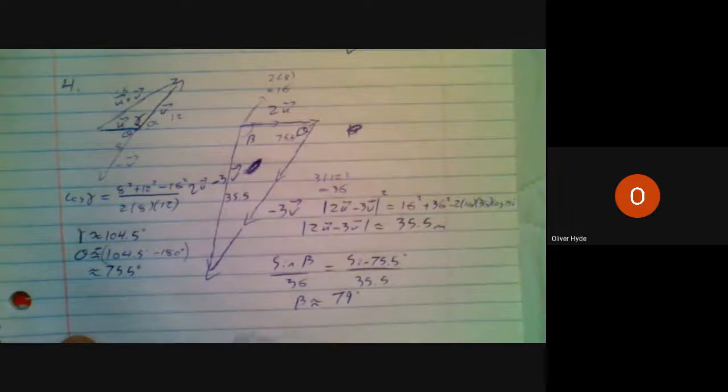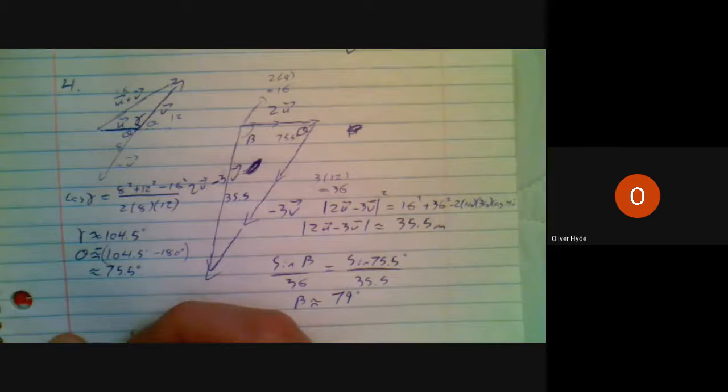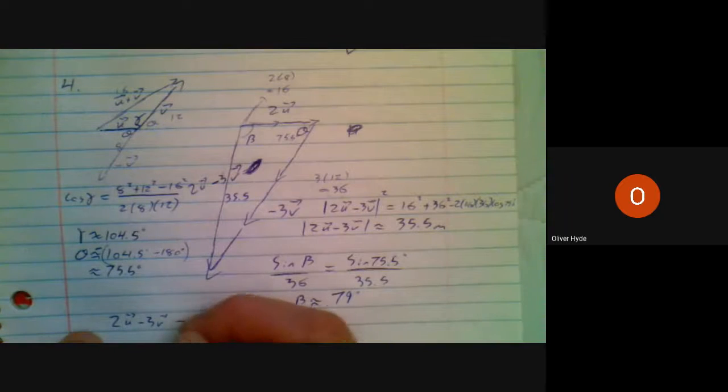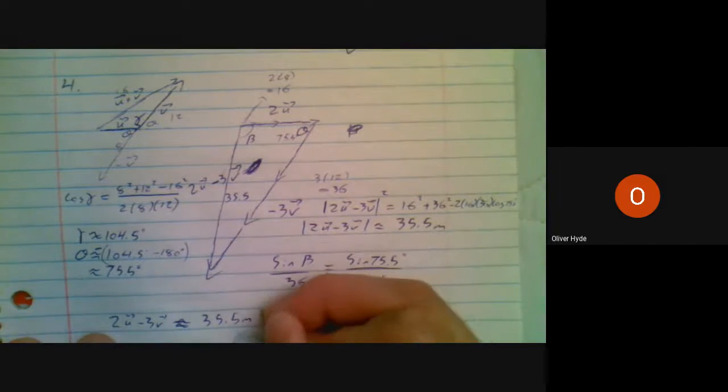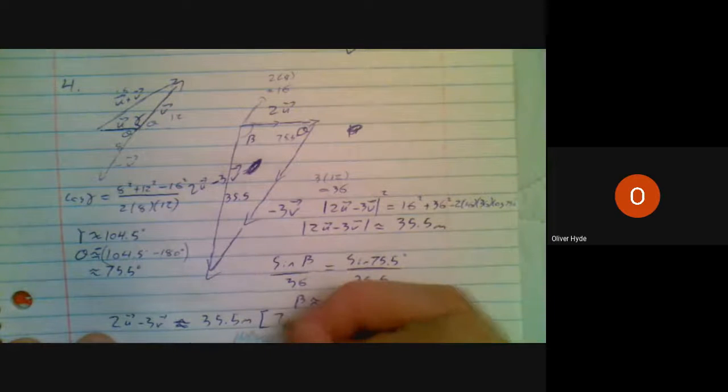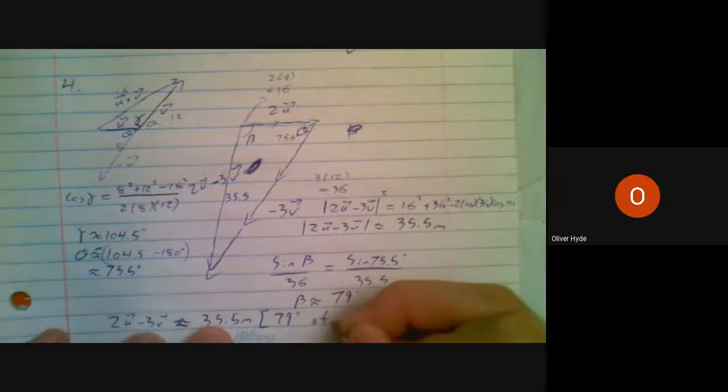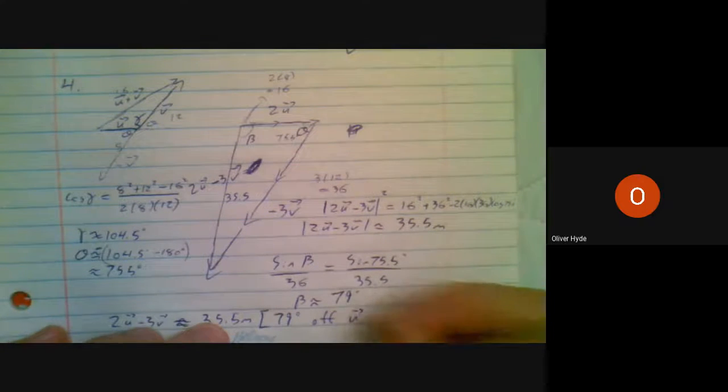So I will say that 2u minus 3v is, I guess, a vector roughly equivalent to a vector with a magnitude of 35.5 meters going in a direction of 79 degrees. I'm going off of u and then not towards v, but away from v.